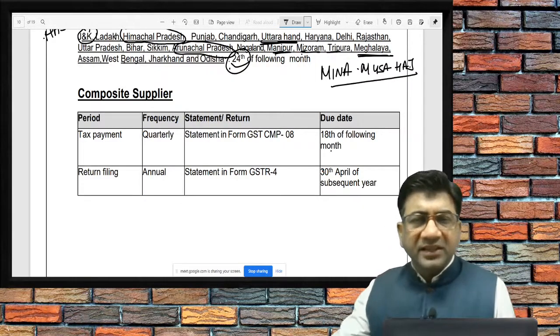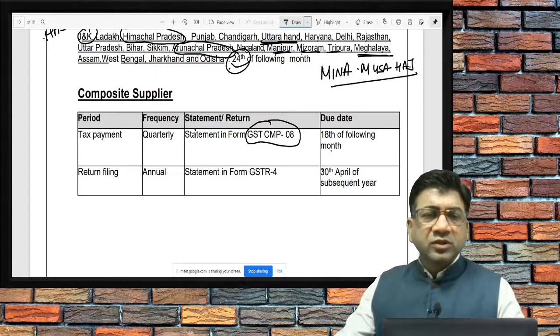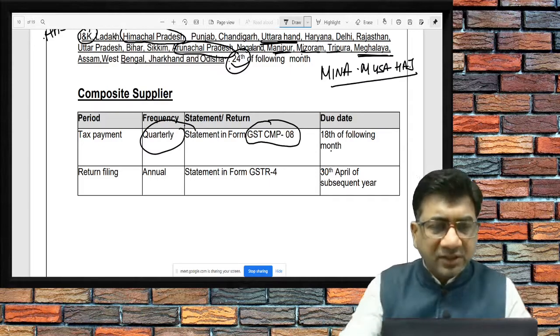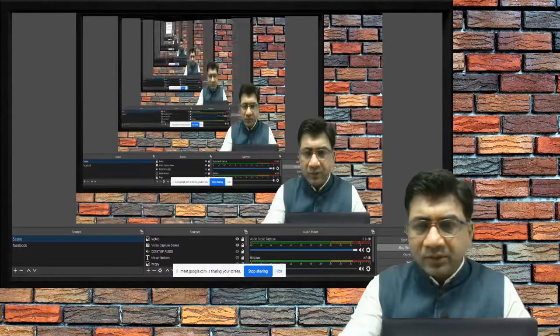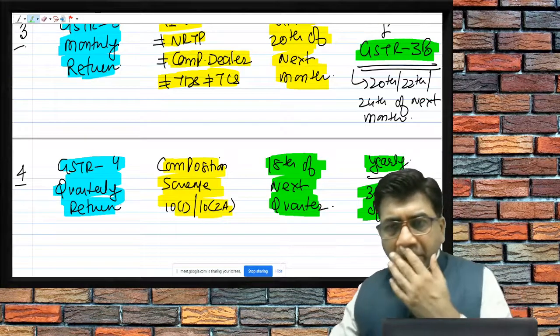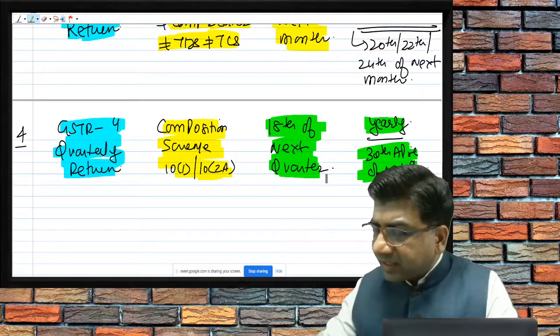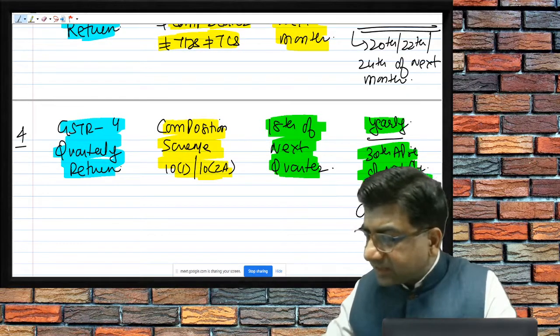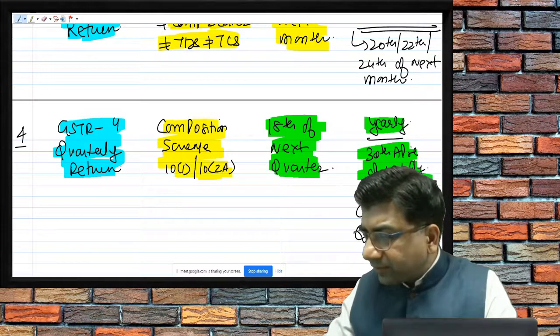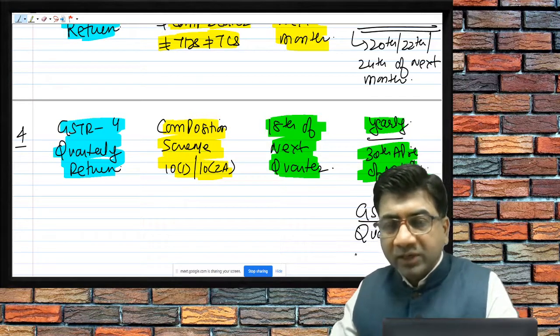So the original date of paying taxes is the same, but the date of filing the return has been changed to 30th April, and they have to file a quarterly statement, GST CMP 08. This is a statement of the taxes which they have deposited.